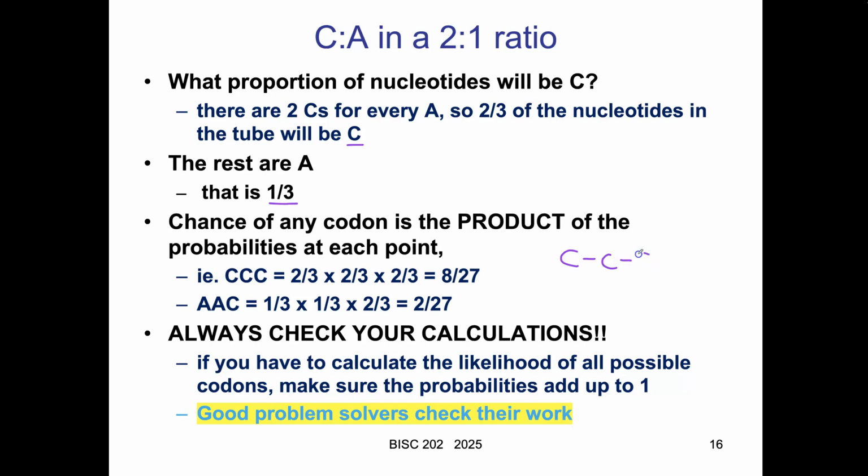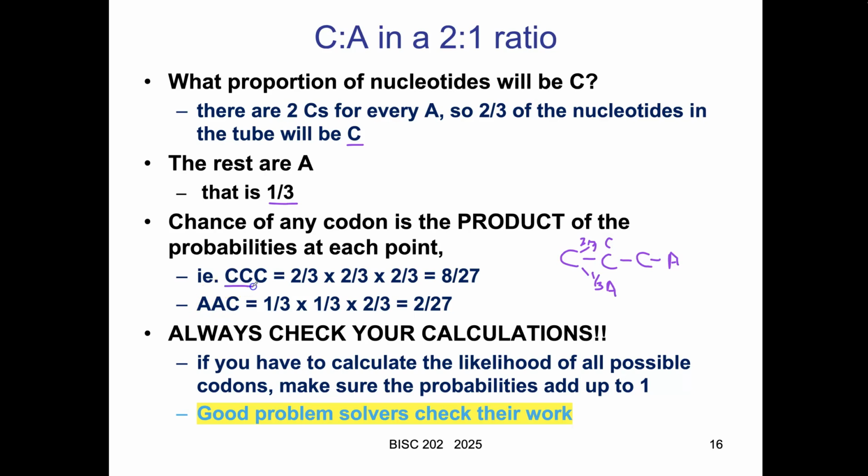That's also 2/3. And then the next one is an A, maybe, that's 1/3, and so on. As the molecule is being put together, at each point there's a 2/3 chance of adding a C and a 1/3 chance of adding an A. And so you can work out the probabilities this way.